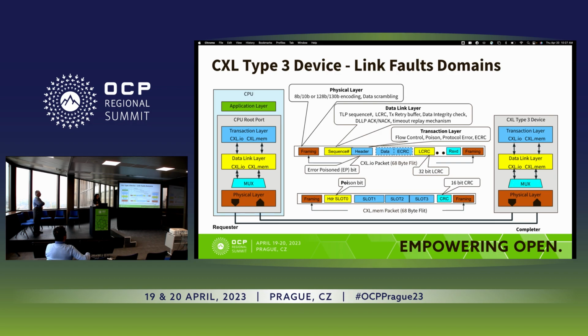From the fault domain standpoint, at the data link layer, the sequence number provides data integrity, and at the transaction layer, there is a 32-bit LCRC, which can be used to identify faults. In the case of a CXL.mem packet, which is again a 68-byte flit consisting of 16-byte chunks, there is a 16-bit, 2-byte CRC, which can be used to identify faults. And there is a poison bit as part of the header, which can also be used to identify poison.